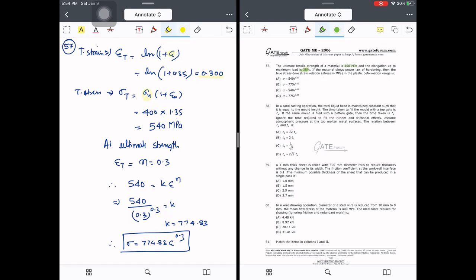True stress sigma T is equal to sigma ultimate into (1 plus epsilon), that is equal to 400 into 1.35.